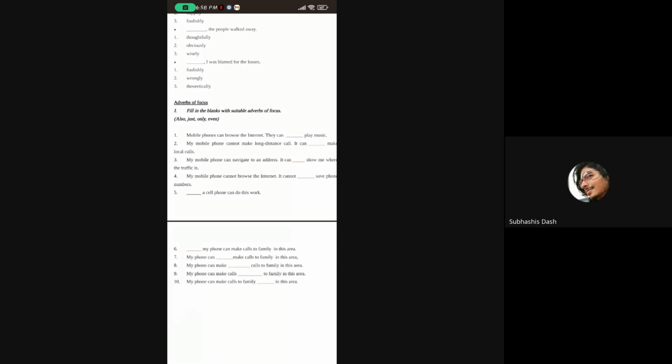You want to show surprise about something, again, you can use adverbs of focus. In limitation, you can show full limitation. You can also show partial limitation, right? So something is partially limited or something is fully limited, right? All of these are different classifications for adverbs of focus.